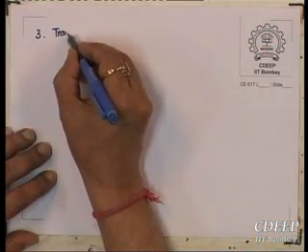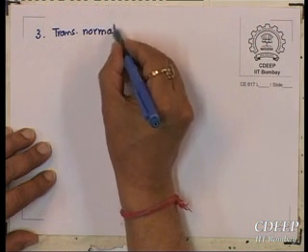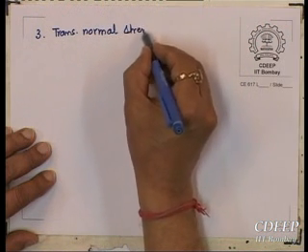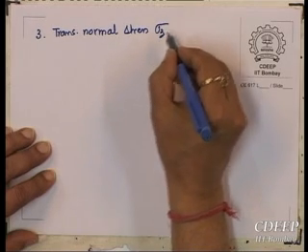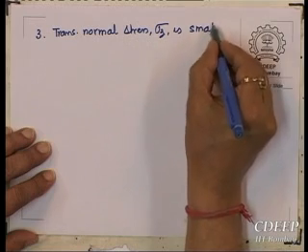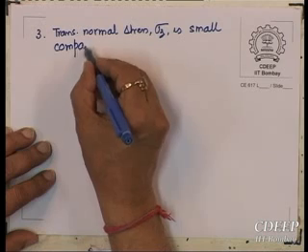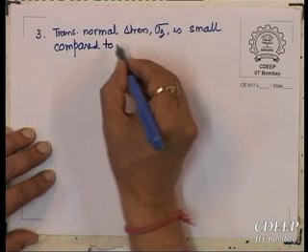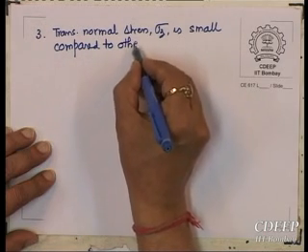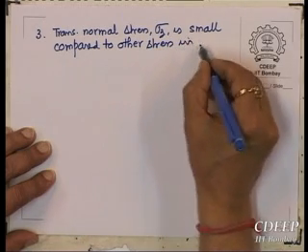Transverse normal stress, if you want to write the words: transverse normal stress, that is sigma z, is small compared to other stresses in shell space.